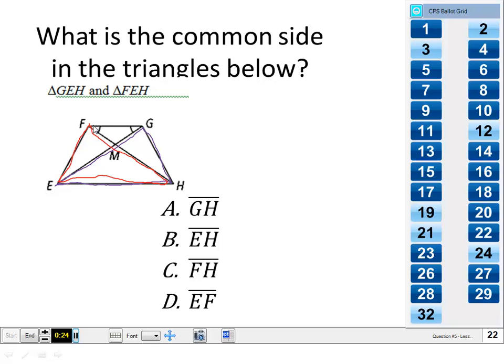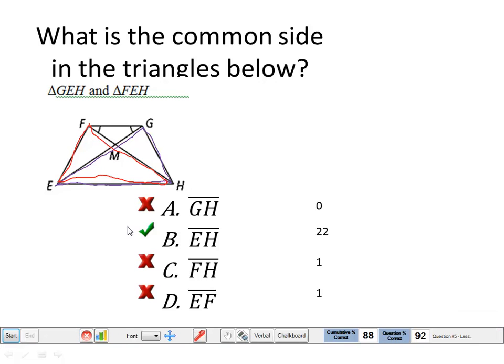Basically, it's a trapezoid with connecting diagonals. So what side do they have in common? What side's both red and purple? Okay. Improved our percentage. 22 of you are correct. It is side EH. Good.